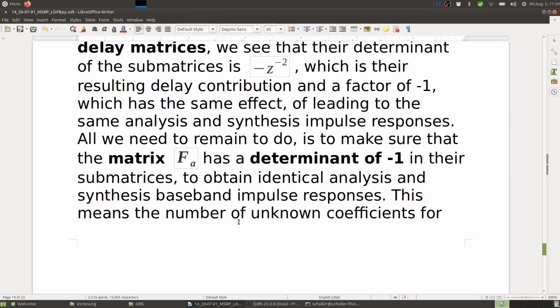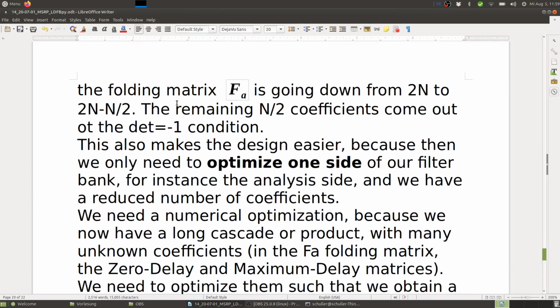This means the number of unknown coefficients for the folding matrix FA goes down from 2n to 2n minus n over 2, coming from the n over 2 submatrices having a constraint of determinant equals -1. Right. So then we have fewer freely choosable coefficients.